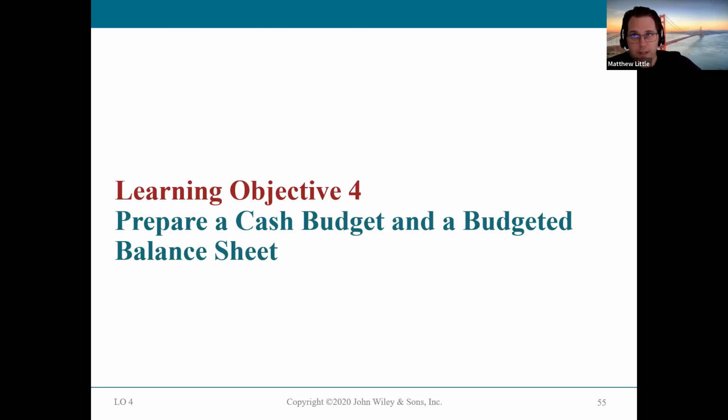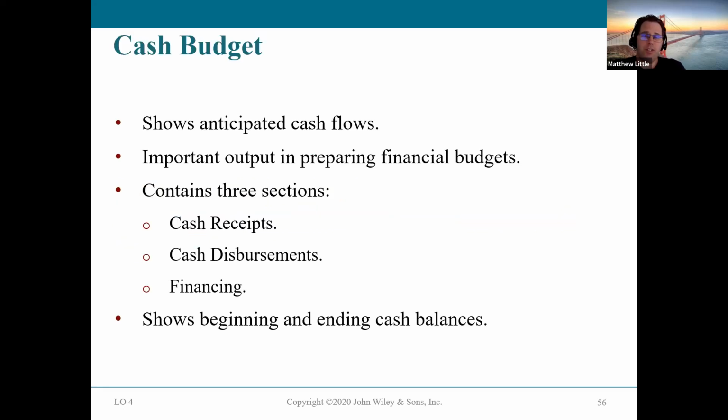All right. So moving on to cash budgets and a budgeted balance sheet. The whole point of a cash budget is to help identify the cash flows. It's very helpful and definitely a necessity when you prepare financial budgets. You'll typically look at cash receipts from customers, cash disbursements, and financing.